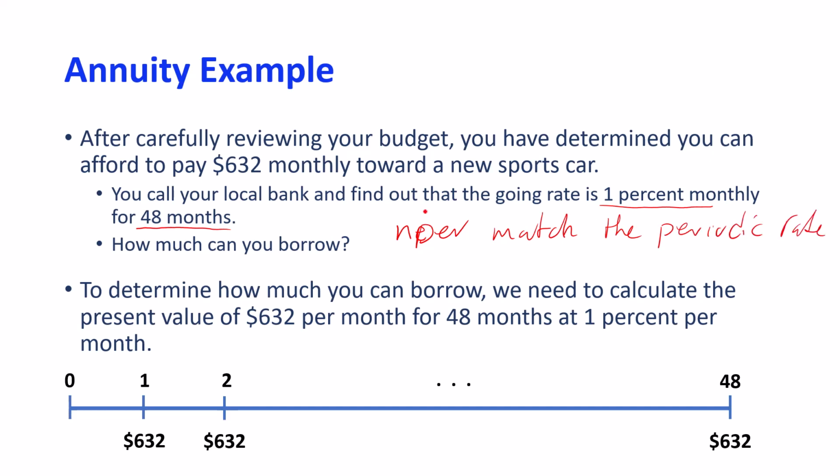What do I mean by that? It means that if the number of periods that you have are in months, then you need to have the monthly rate, which is your annual percentage rate over 12, right?